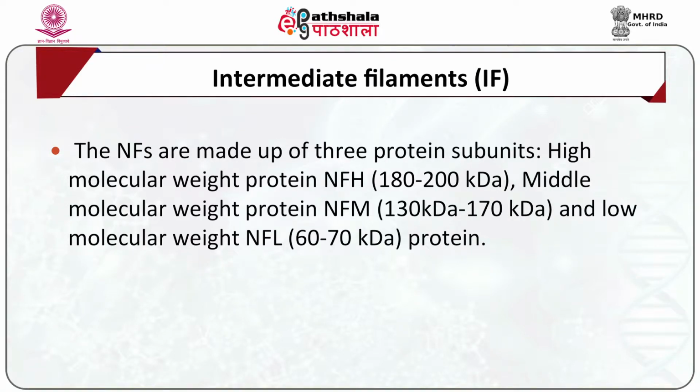The NFs are made up of 3 protein subunits: the high molecular weight NFH, which has a molecular weight of 180 to 200 kDa, the middle molecular weight NFM, which is around 130 to 170 kDa, and the low molecular weight NFL, which is a 60 to 70 kDa protein.